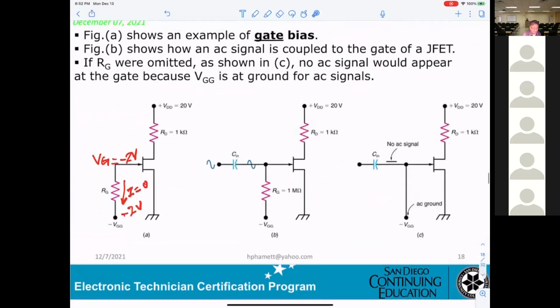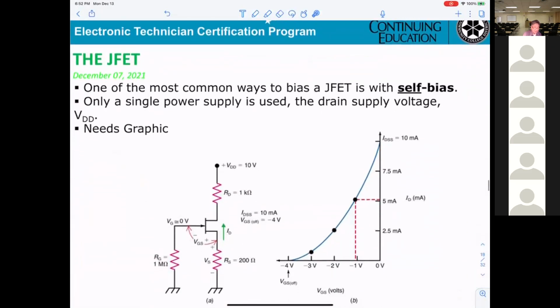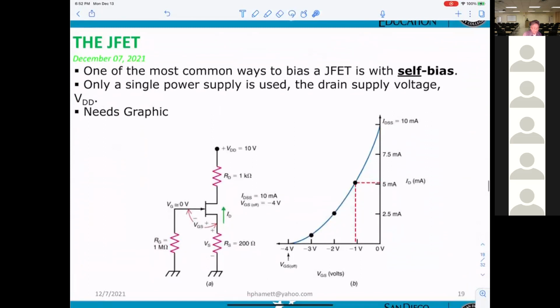That's what I already showed you here. When you see this circuitry, you must know this is a fixed bias or gate bias. And when you see another circuitry, this one here, they call it self bias.